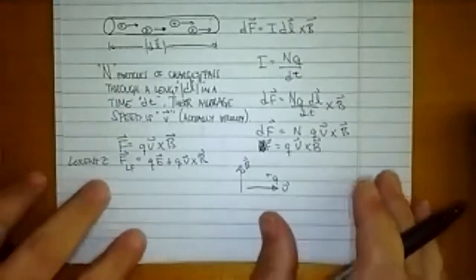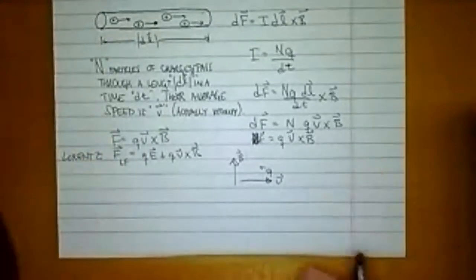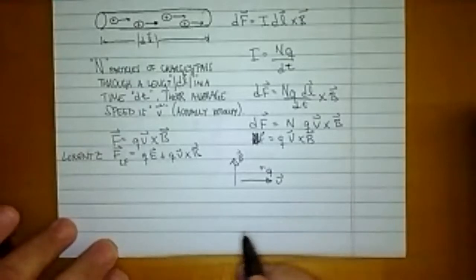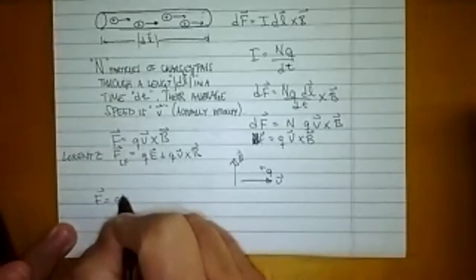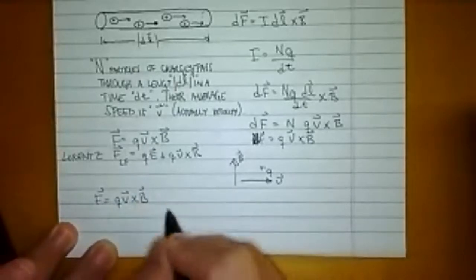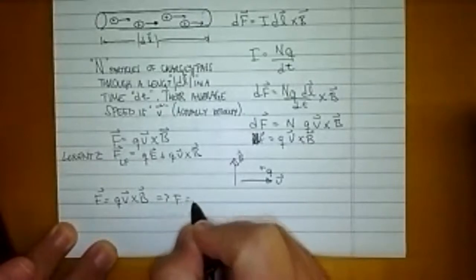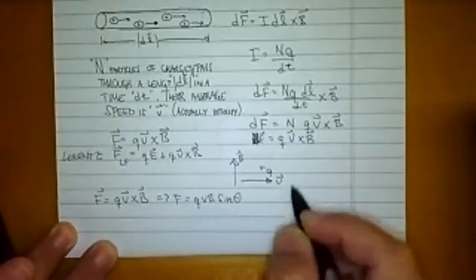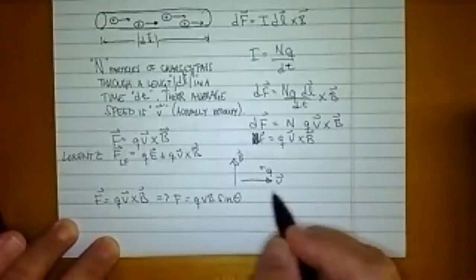If you wanted to, for instance, consider the force on an electron moving with a speed of, let's say, 400 meters per second, we'd say F is equal to QV cross B, but magnitude-wise, it's just F equals QVB sine of the angle between them. Again, QV being a vector and B being a vector, put them tail to tail.